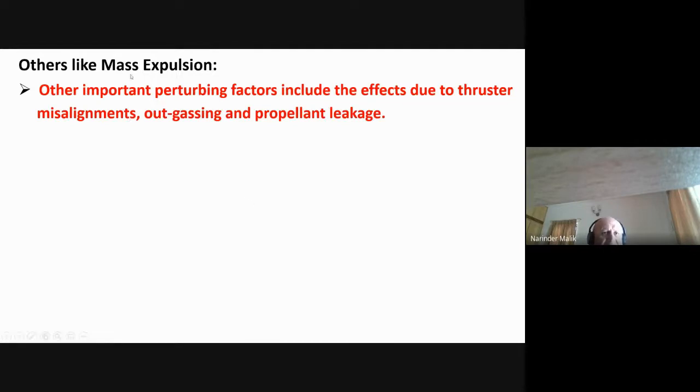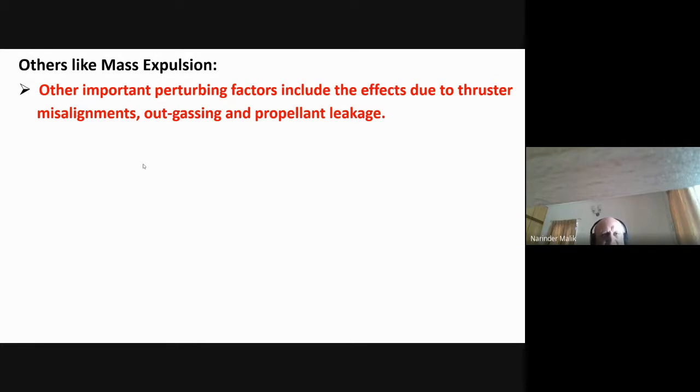There are other factors like mass expulsion due to thruster, if any misalignment is there. When you fire a thruster, it will produce a disturbance torque over the other axis. Outgassing and propellant leakage. If there is a leakage of the propellant, it produces a disturbance torque on the satellite. If outgassing is there, materials go to space, vacuum, at low temperature, and start boiling.